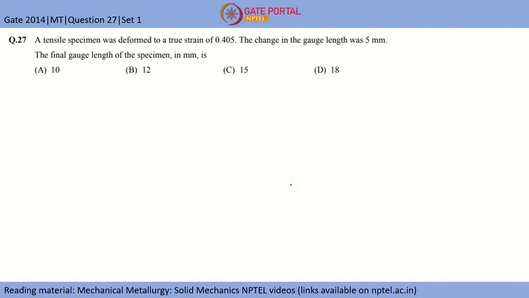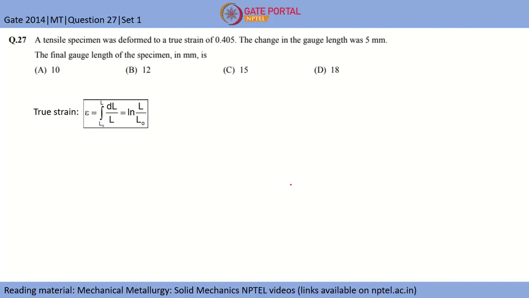A tensile specimen was deformed to a true strain of 0.405. The change in gauge length was 5 mm and the final gauge length of the specimen in mm is: option A is 10, option B is 12, option C is 15 and option D is 18.